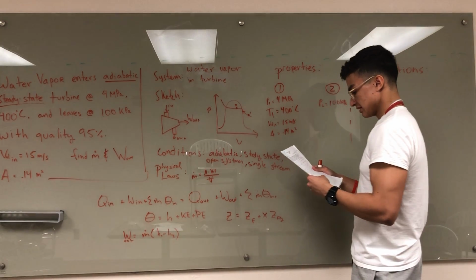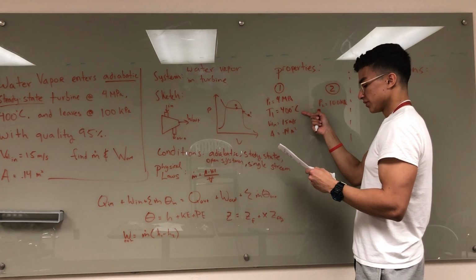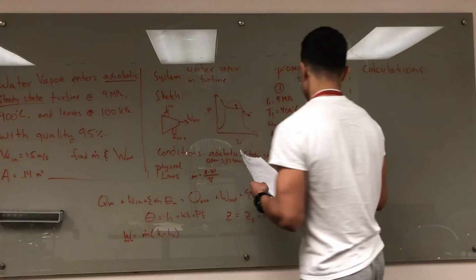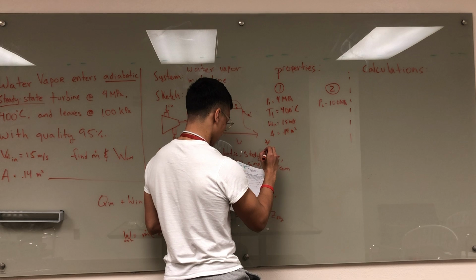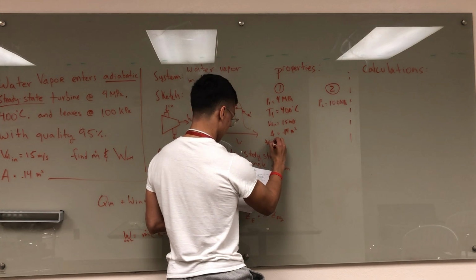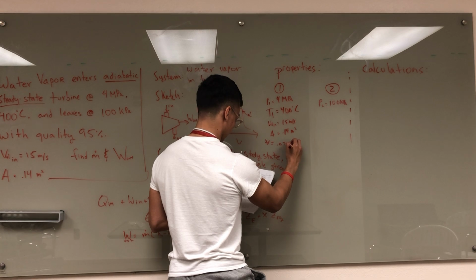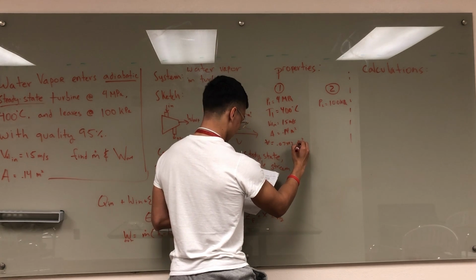But the properties of water at 4 MPa and 400 degrees Celsius, you're going to go to table A6, and you're going to see that our specific volume is going to be equal to 0.07343, and the units on that are meters cubed per kilogram.